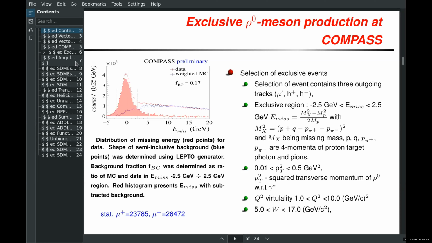Here you see, after subtraction, it was presented by the red histogram. Here it goes to 0, and the sample which we selected was like this. It's practically 50,000 events for our analysis.